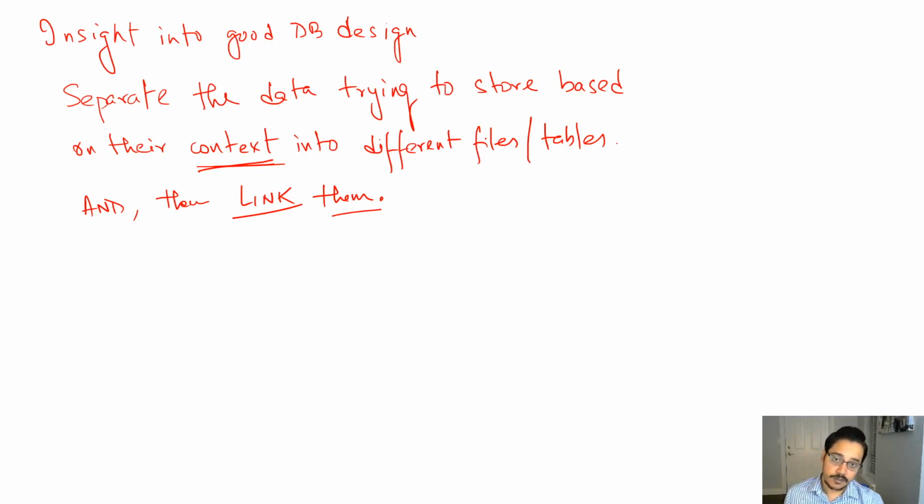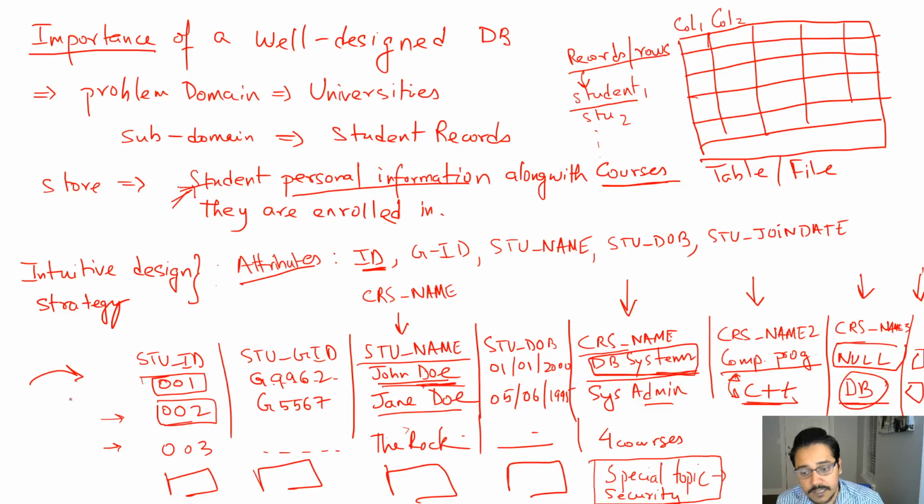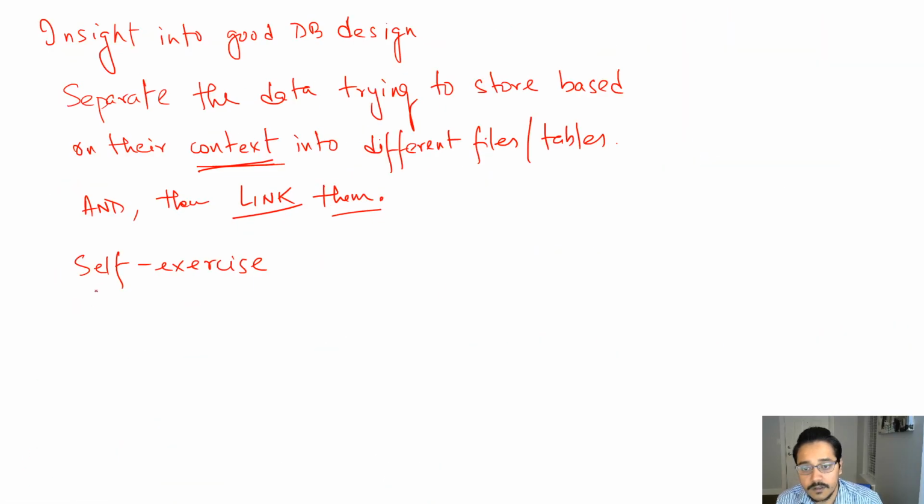Okay? So, as a self-exercise, for this particular example that we discussed in this slide, try to apply this technique of separating the data based on the context and storing them into different tables by yourself, and then finding a way to link them.